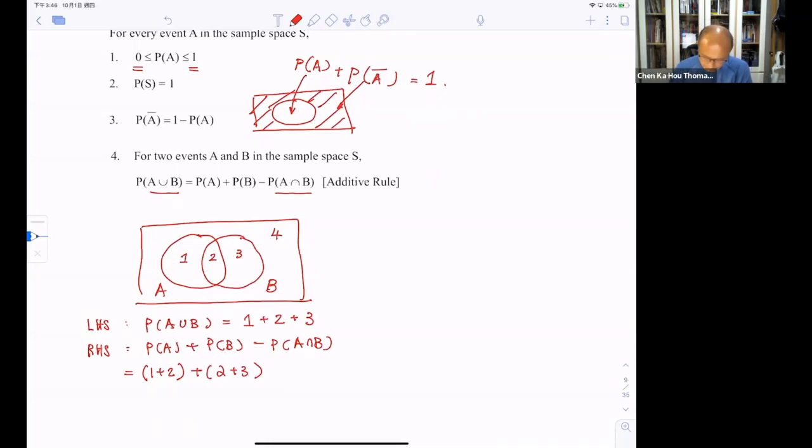And A intersect B is 2. So simplified, it is 1 plus 2 plus 3. So we prove that P(A∪B) is P(A) plus P(B) minus P(A∩B). This is called the additive rule of probability. So students, please remember these 4 rules when solving probability problems.